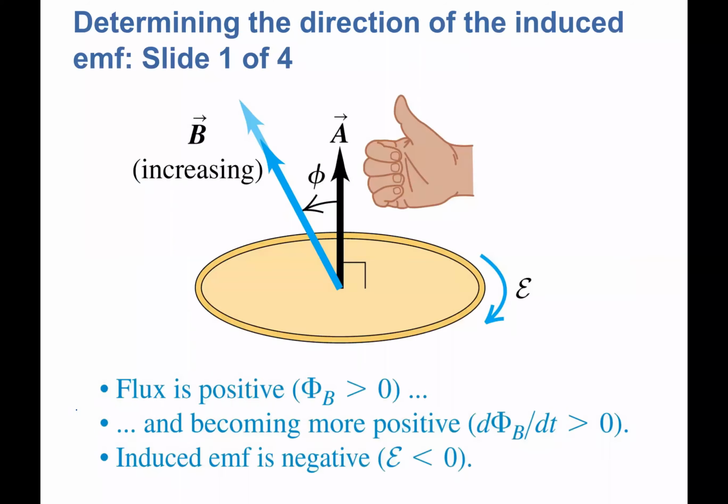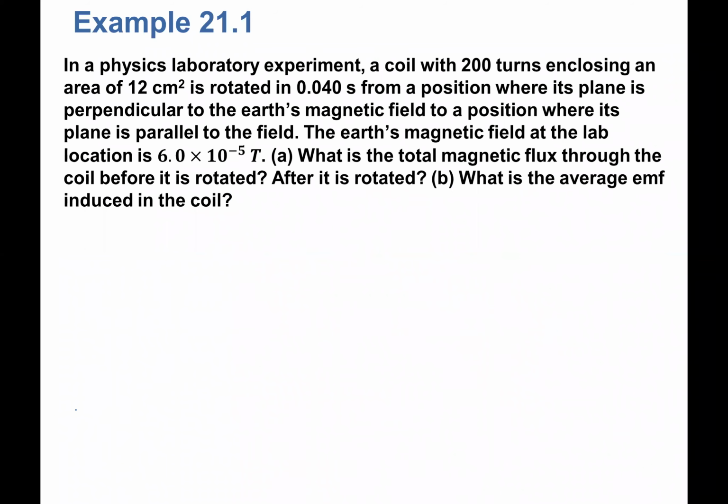All right, let's look at this example. In a physics laboratory experiment, a coil with 200 turns enclosing an area of 12 centimeters squared is rotated in 0.040 second from a position where its plane is perpendicular to the Earth's magnetic field to a position where its plane is parallel to the magnetic field.